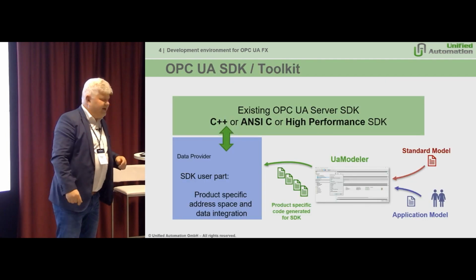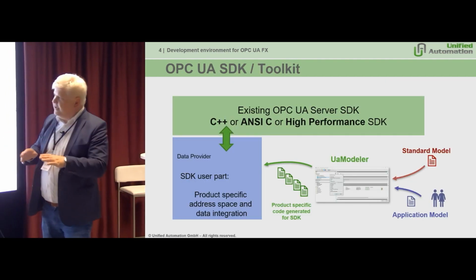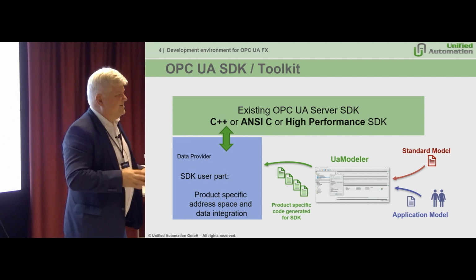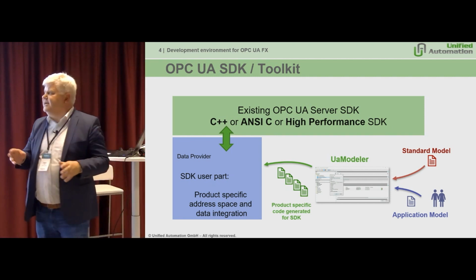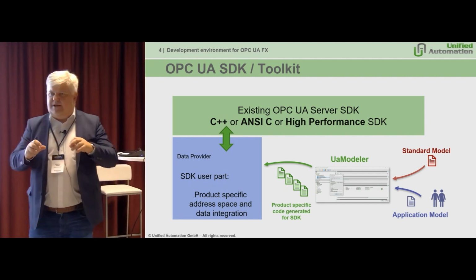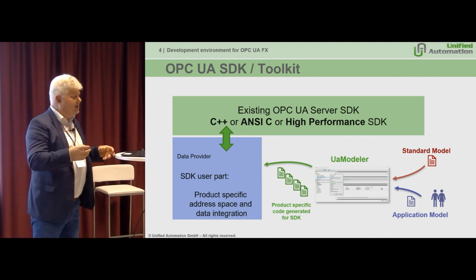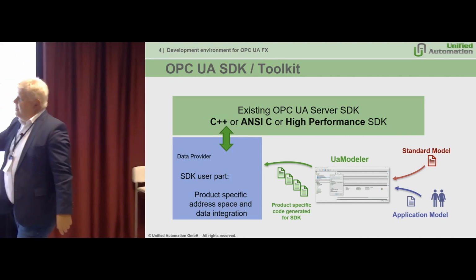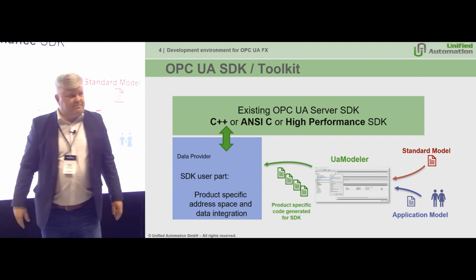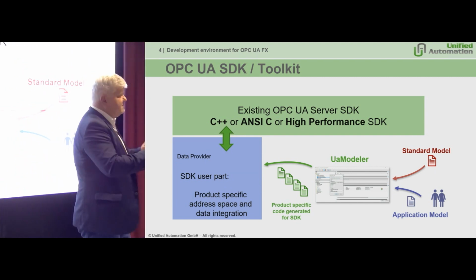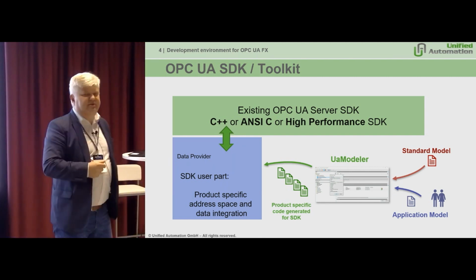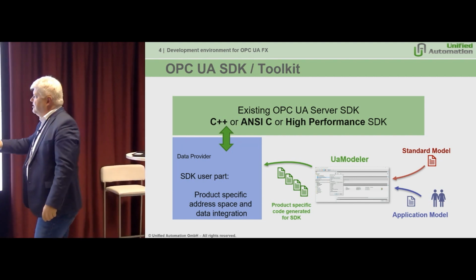So what our SDKs have done for a long time is to cover this generic OPC UA functionality, and then you integrate your product-specific data and do the business logic integration with the product that provides the OPC UA interface. And like I said, we have the UA Modeler.